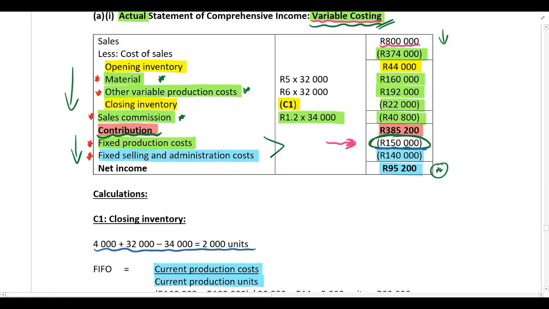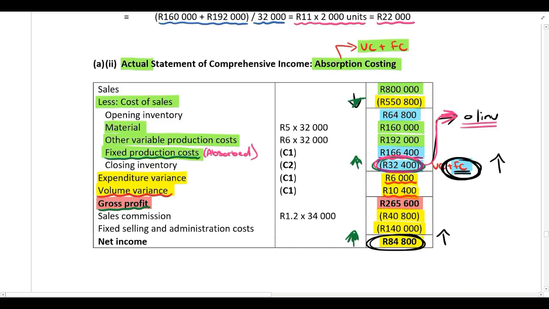Because for the first couple of months of the year, sales will be quite low because they won't sell any winter boots. They will be expensing their full fixed cost, so then they might report losses during those months. On the other hand, with absorption costing, what happens is they do not expense the full fixed cost in the period incurred because fixed costs are allocated to inventory.